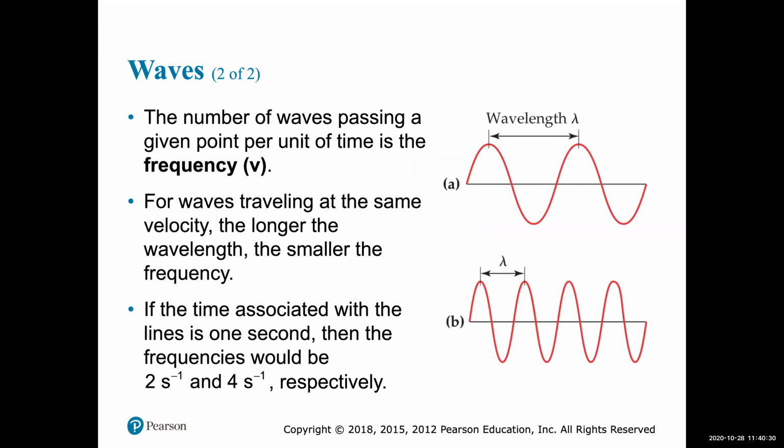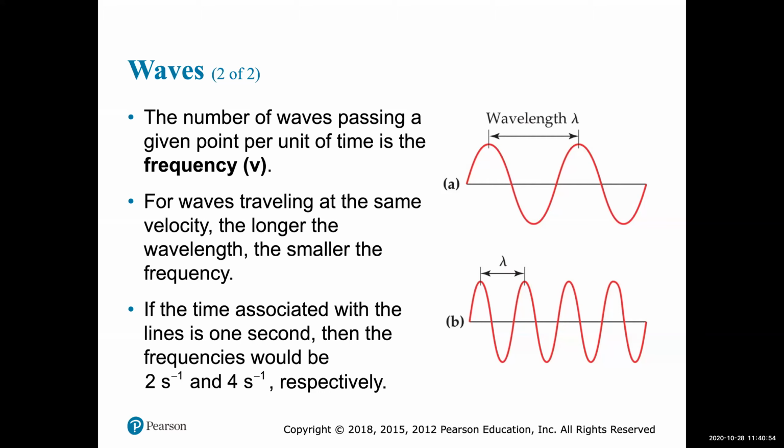We also talked about something called frequency. So frequency is the number of waves that go through a given point per unit time. If you see frequency, it can be expressed in terms of 1 over seconds.